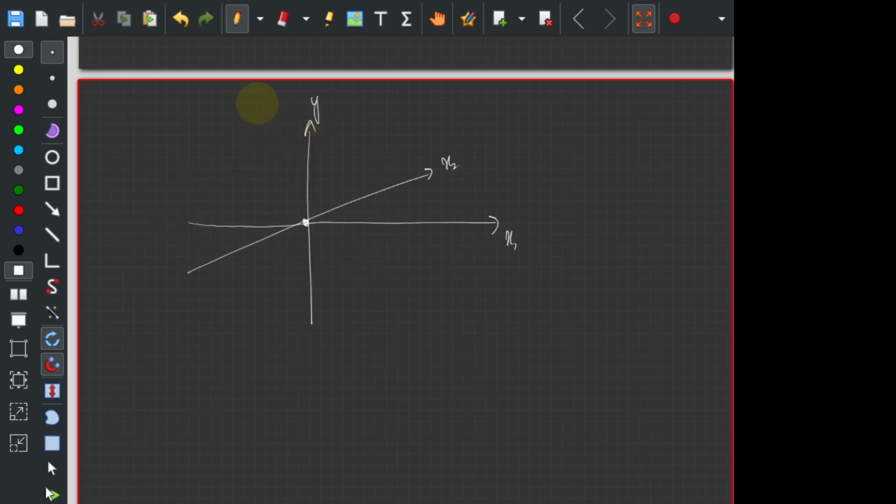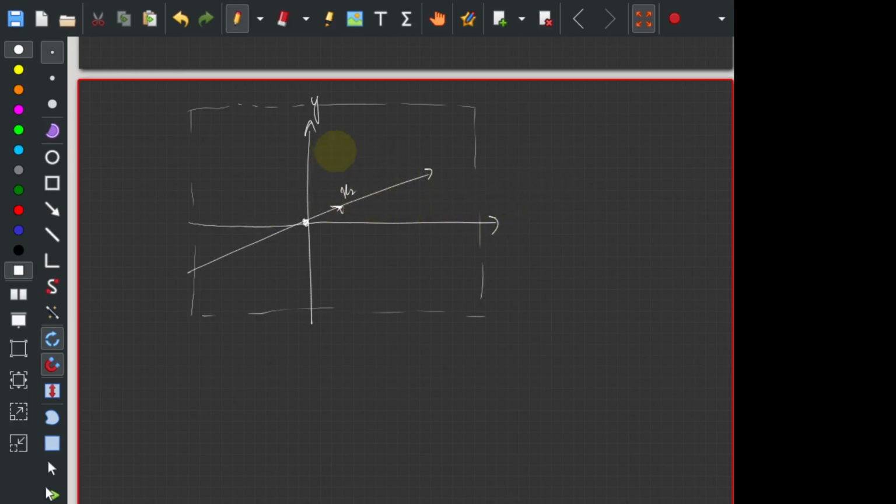I take a plane which is parallel to the x1 axis, right? Of course, it extends all the way up to infinity, but perhaps it hits the x2 axis at some particular point, right? So this is the point x2.